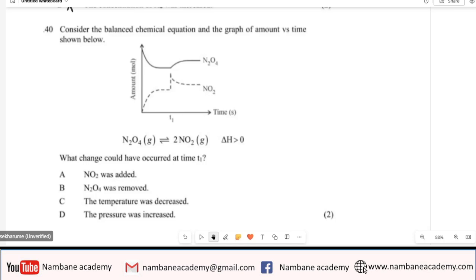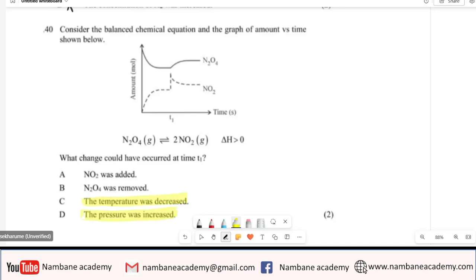So at T1, the delta H is greater than 0. If you have one spike, it must be a concentration. So meaning it can be the temperature, it can be the pressure. For pressure, I need to have how many spikes? 2 spikes, for the reactants and also the product.